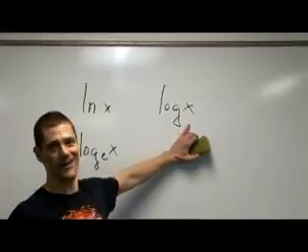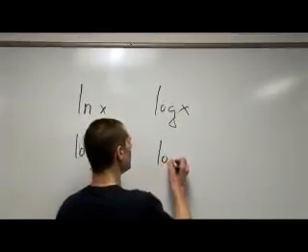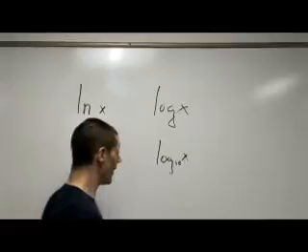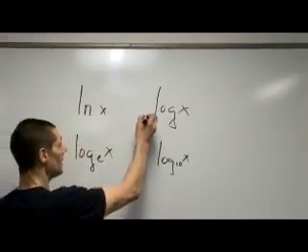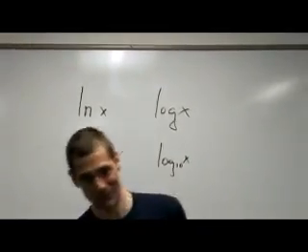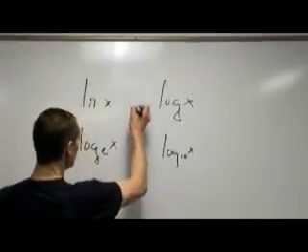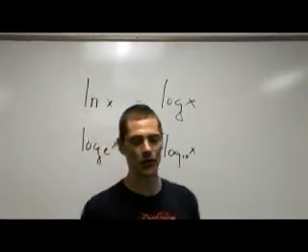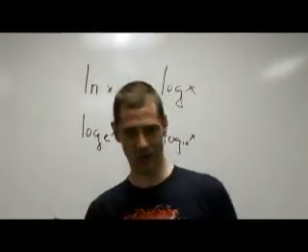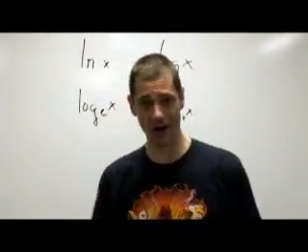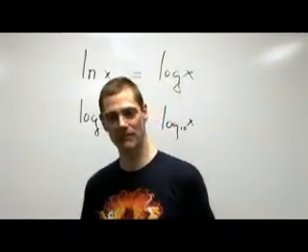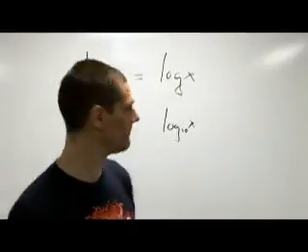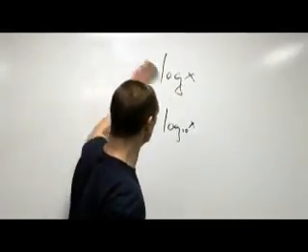In America, log stands for log base 10 of x. However, in England, in particular Roger Penrose's work, which my friends have been reading, these are the same. So a lot of times you just got to know what the notation is and where you are and who you're talking to. Sometimes it can be very arbitrary. So just pay attention and don't get freaked out if something doesn't look right. Just check it out. Ask a question.